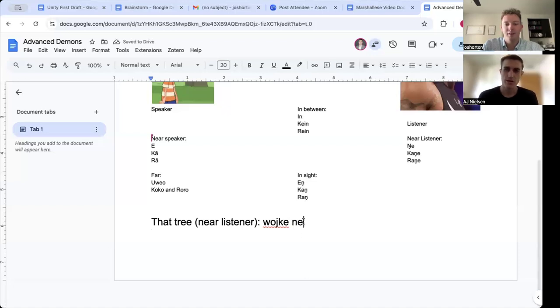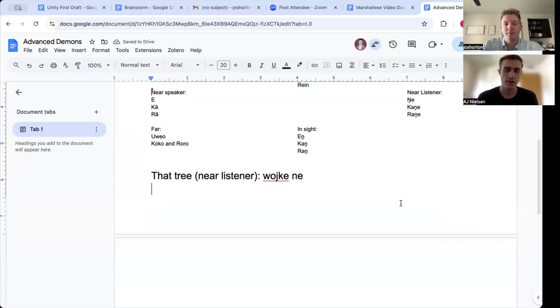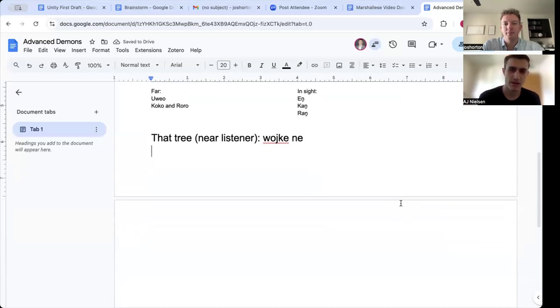Boom. Okay, we can break down that sentence I said earlier: Dwayne The Rock Johnson, can you take off your tank top? We'll just do tank top, and it's near the listener.